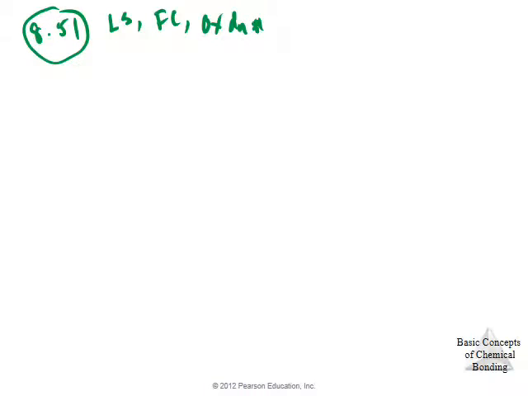Now we're going to do problem 51, chapter 8. Here you need to get the Lewis structure. So let's write down what the question is asking for: Lewis structure, formal charge, and oxidation number. All these you need to get in this problem.